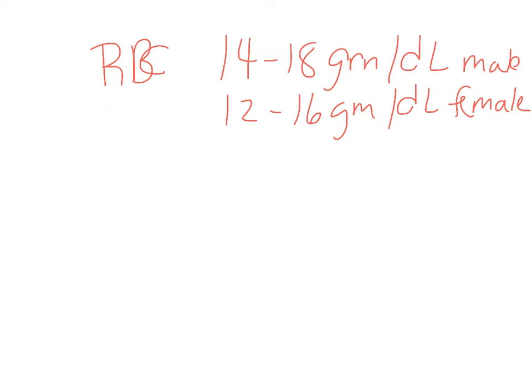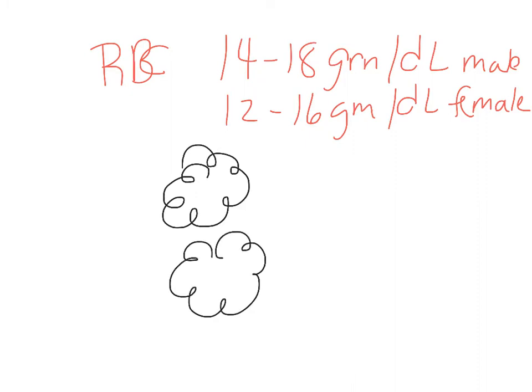But anyway, hemoglobin, when we look at it, if you remember protein shapes, hemoglobin is a quaternary structure of globular proteins. So what that means is there are 4 globular proteins in one hemoglobin molecule.